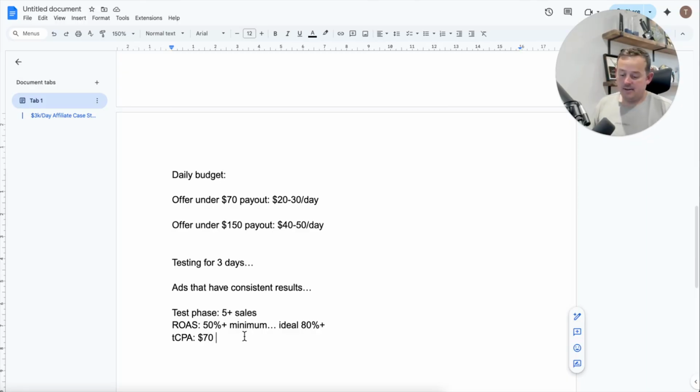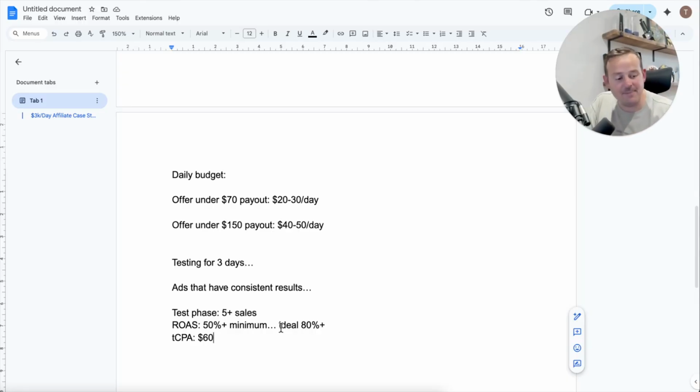But again, we might take that back down to 60. So if we spend 60 to make 100, we make $40 profit. I can't do the math, but it's around 60% ROAS, give or take. Don't ask me to do math, not on the spot. But you get a picture, right?